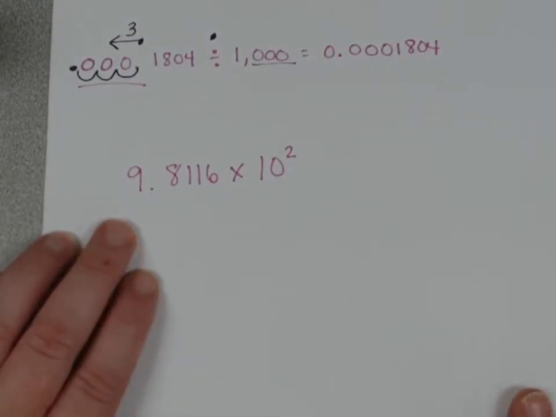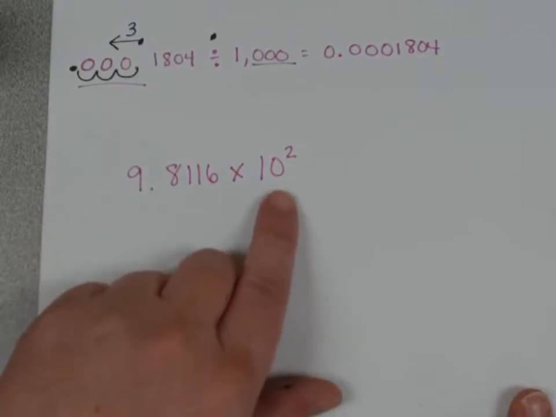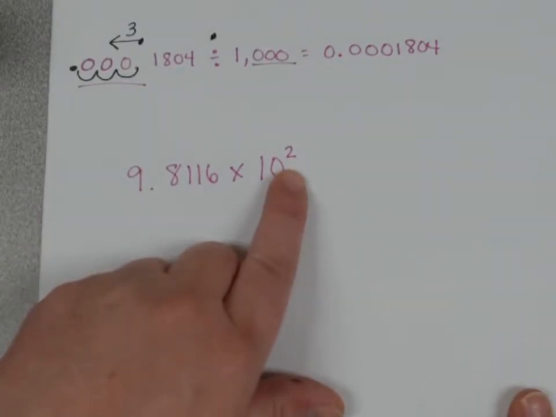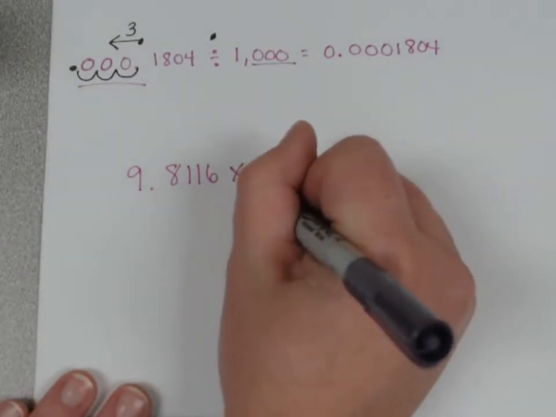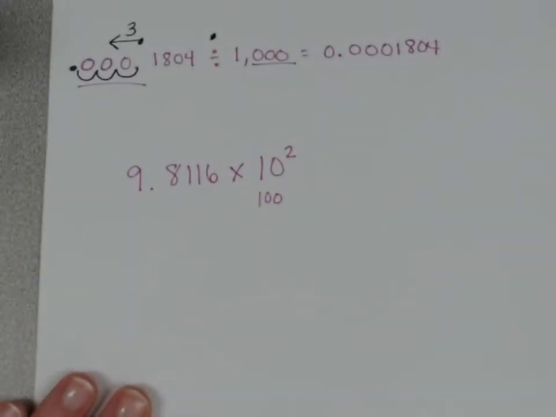Some people can see this and they go, ooh, I'm going to move it twice. Others, they may have to go down below it and write 100. And that is fine. However they can get the right answer, it's fine. As long as they can explain what they did, I'm good with it.